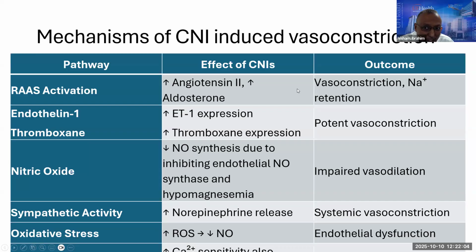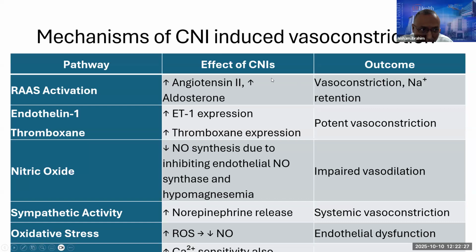You have vasoconstriction, and you also seem to have sodium retention, almost like a Gordon syndrome-like picture, where there's increased activity of the sodium channels in the distal tubules. So there's increased sodium retention as well, which seems to happen as a result of CNIs.